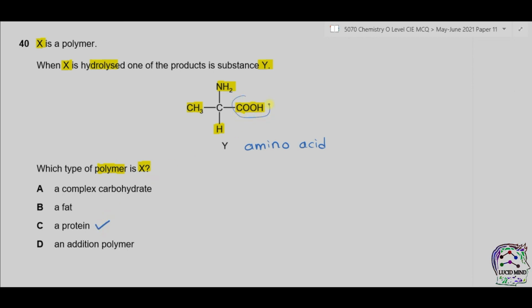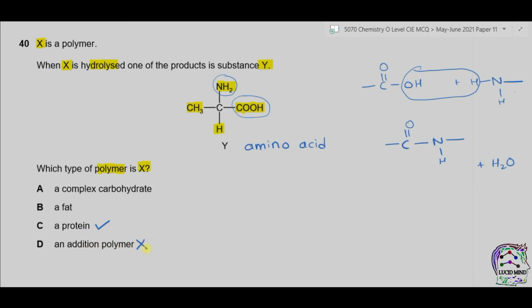The carboxylic acid of one amino acid combines with the NH2 of the other amino acid like this. This is the carboxylic acid from one amino acid. This is the NH2 from the other amino acid. And they combine together to lose water and form an amide linkage. So this is condensation polymerization, it is not addition.